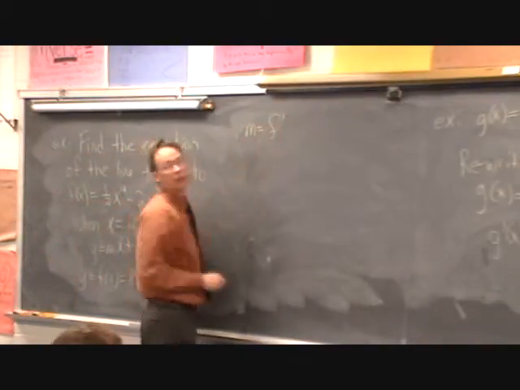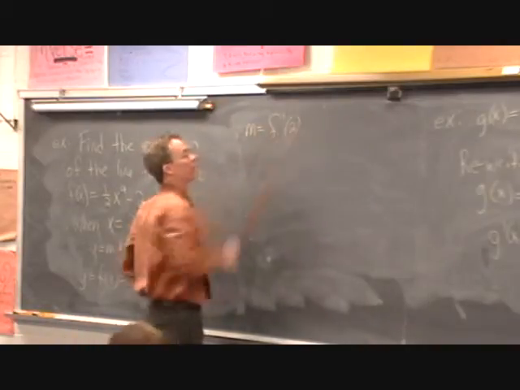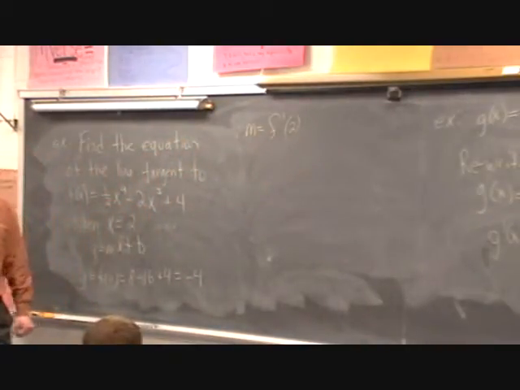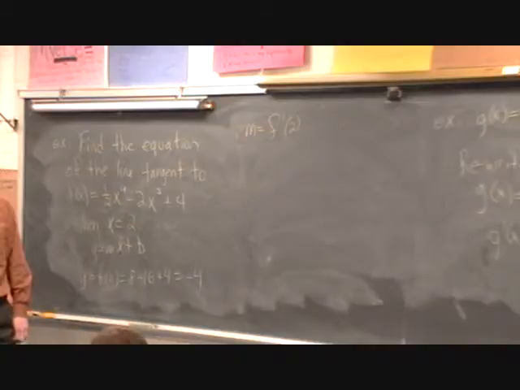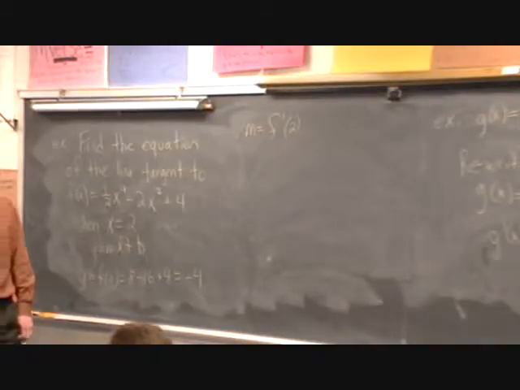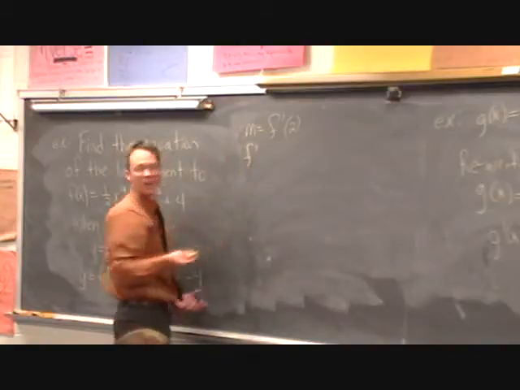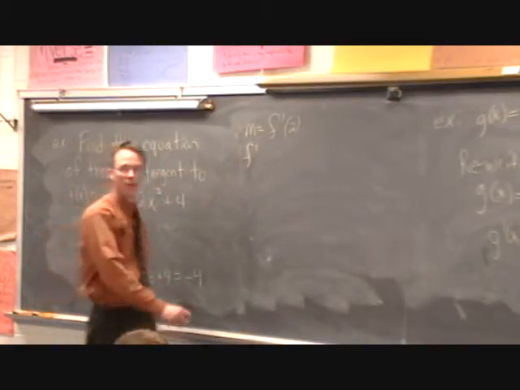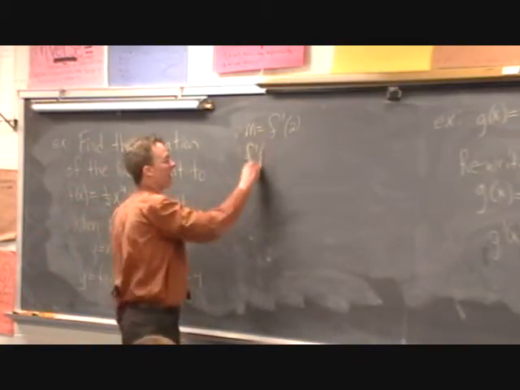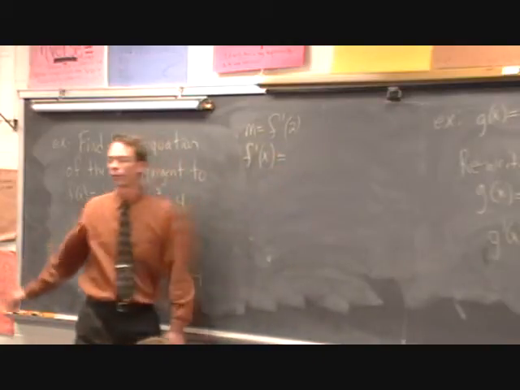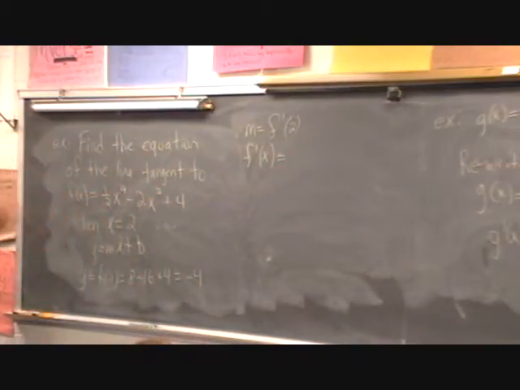Slope comes from the derivative when x is 2. So let's get f prime so that we can plug 2 in and get the slope.